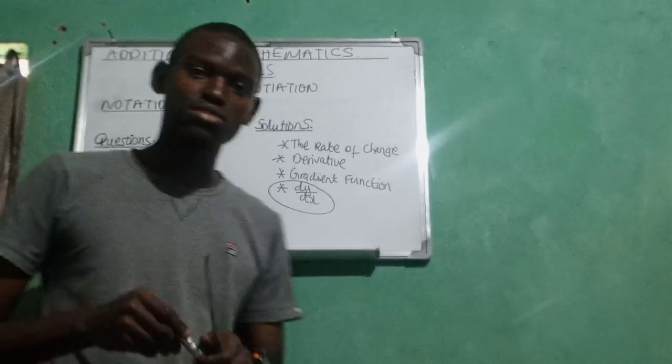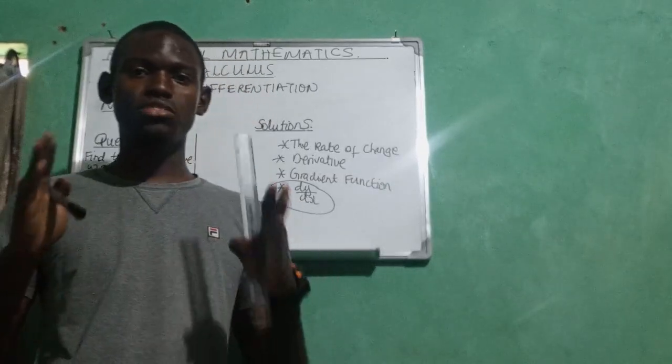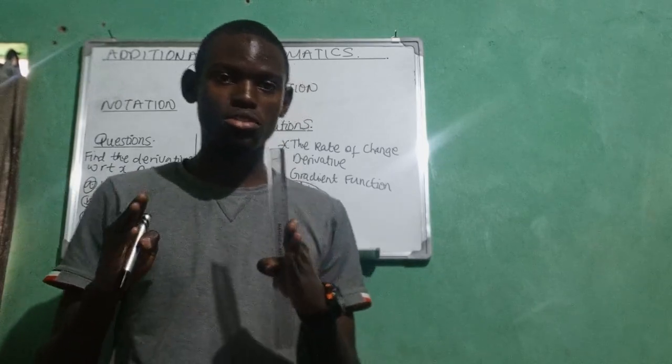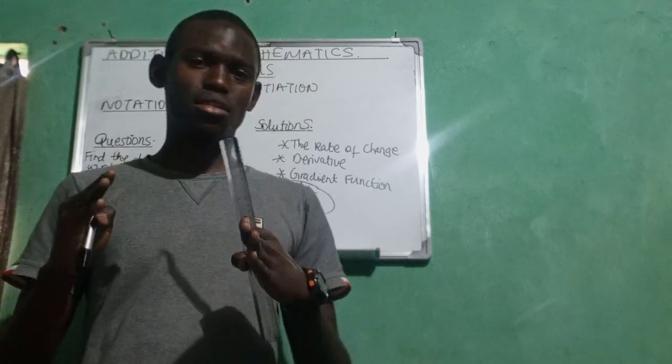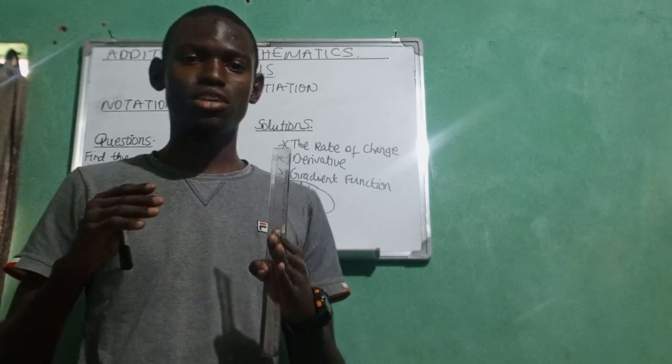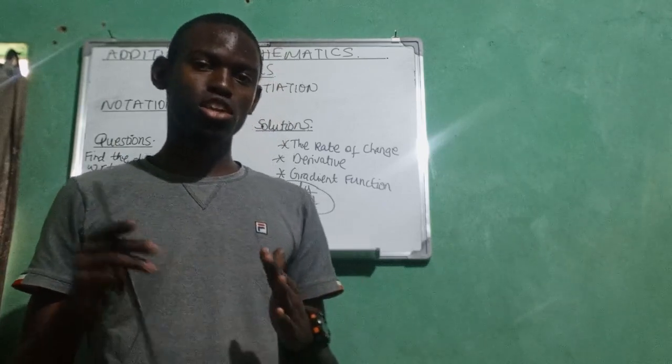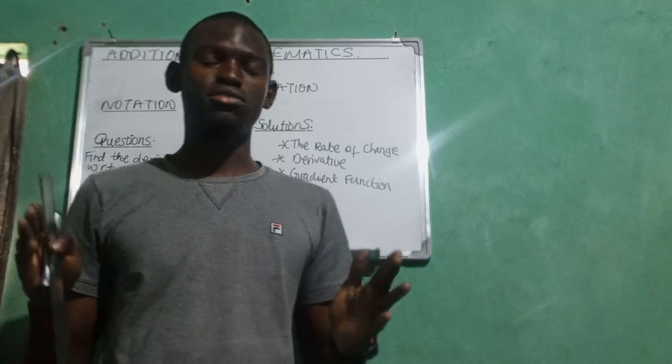As you saw in the previous video, we were using the first principle. Now if you find the derivative using the first principle, it is a lengthy process. It is not something that you can do in 1 minute. Of course you can try to do it, but you will do it with many mistakes.